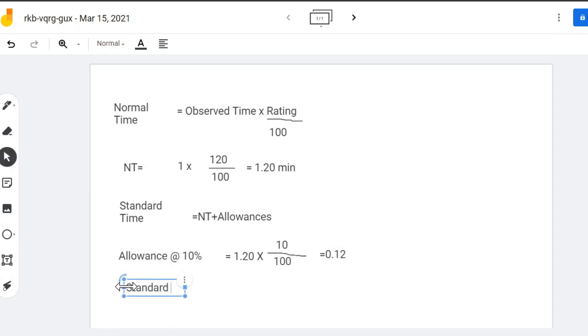Next is the standard time. Standard time is equal to the normal time plus allowance.